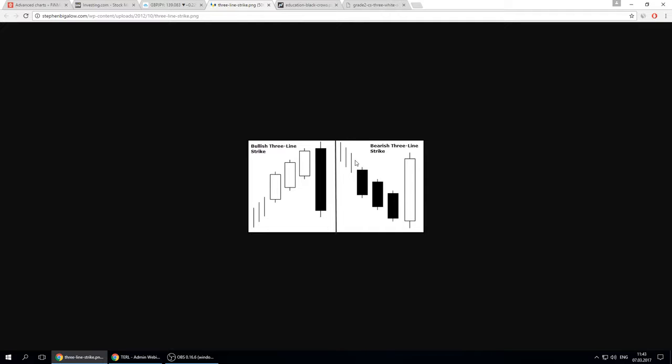The same is here. Here we see the bearish 3-line strike candlestick pattern. All 3 candles correspond to the description. Each new one starts within the limits of the body of the previous one.